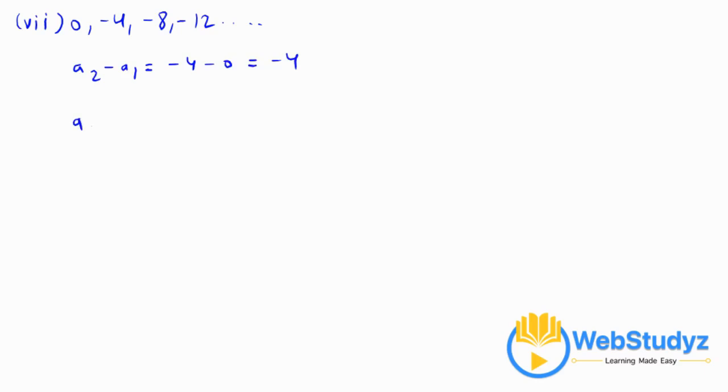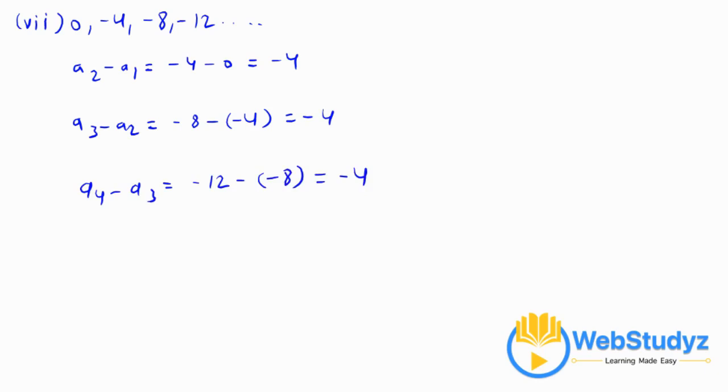Again checking common difference, which is A3 minus A2, which is equal to minus 8 minus of minus 4, which will be minus 4. Checking common difference, which is A4 minus A3, which is equal to minus 12 minus of minus 8, which will give us the value as minus 4.